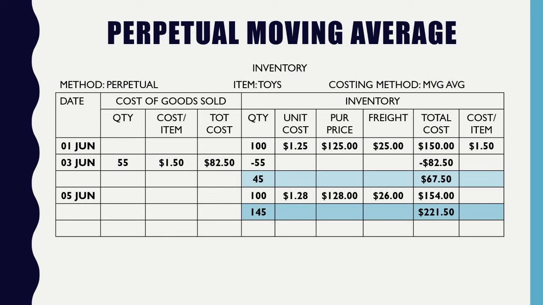This is where now I need to solve for my average cost per item because now I have a total quantity and a total cost. I have a total cost of $221.50, and I need to divide that by my total quantity of 145 units. So in this case, that should give me $1.5275. Okay.